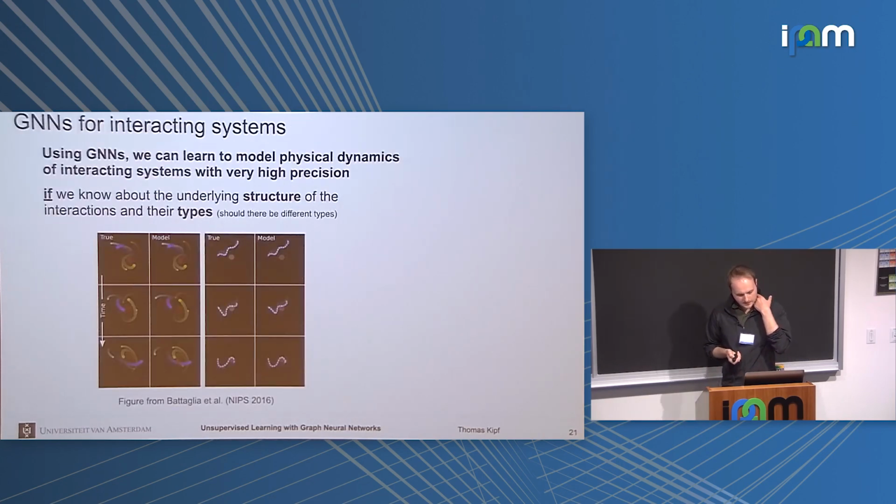This has led to the development of interaction networks, which were later extended to neural message passing for physical systems in a paper by Peter Battaglia. Here we know that using graph neural networks we can model interacting systems with very high precision if we know about the underlying structure of the interactions and their types. So if we inform the model that all these particles in the string are connected, then this type of model can do really well.